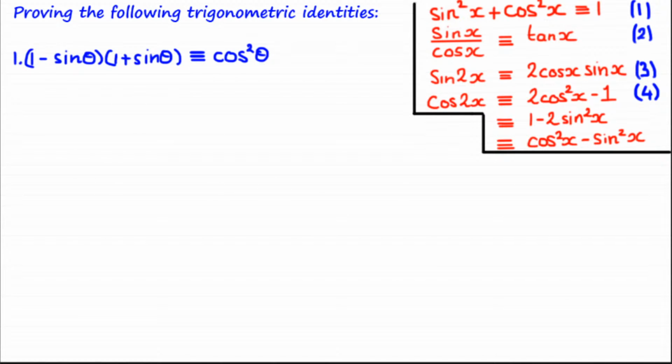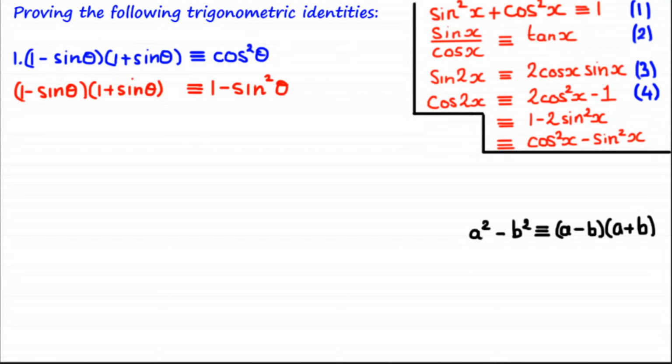So as I say, have a plan. On the right hand side I see a cos squared theta term. How can I get cos squared theta? If I multiply out the left-hand side, you should be able to see that we get a sine squared theta term. And we know how sine squared theta and cos squared theta are related using equation 1. I'm going to multiply the left-hand side out by using the difference of 2 squares, which tells you that the difference of 2 squares can be written as a product of conjugate pairs.